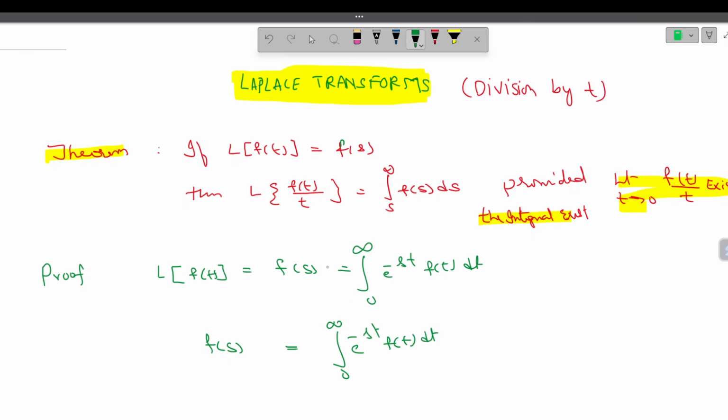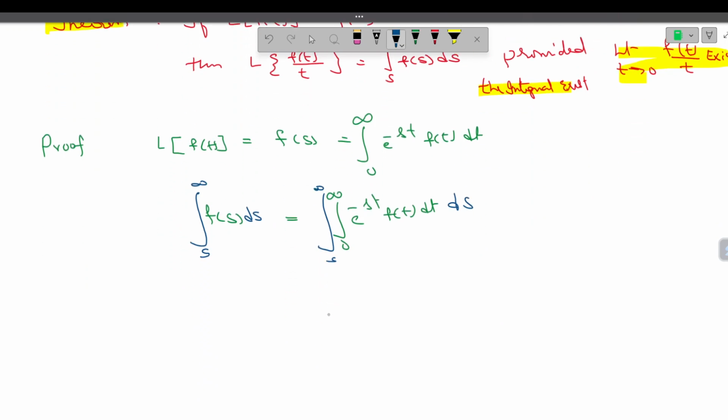Now what we are doing, integrating with respect to s both the sides, and the s running from s to infinity.